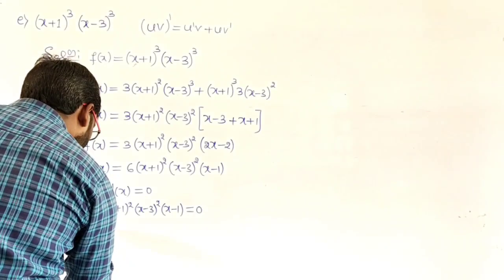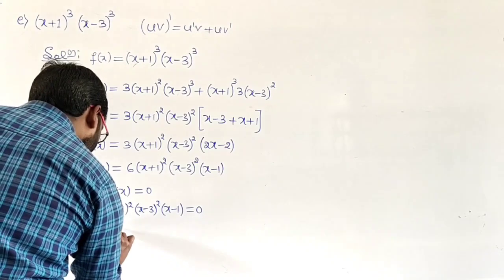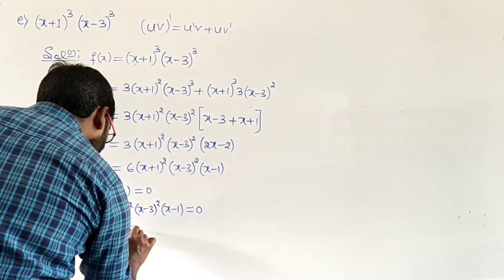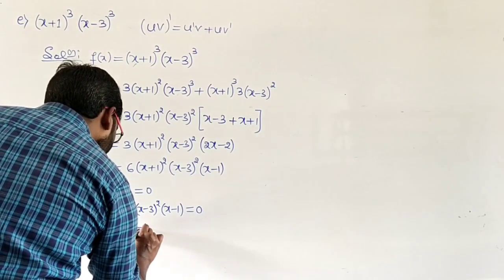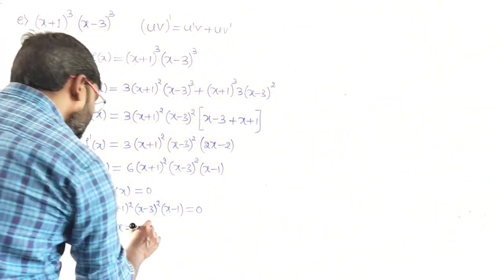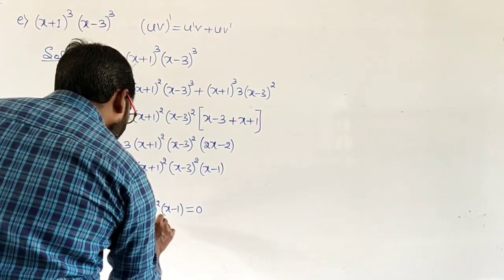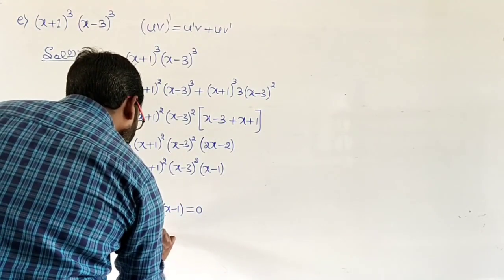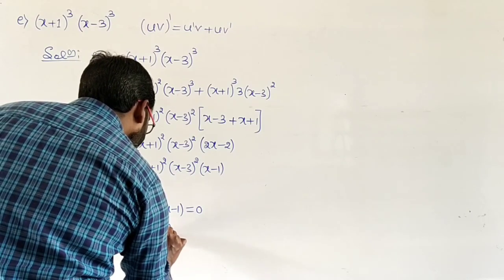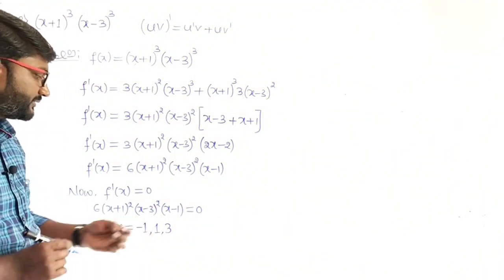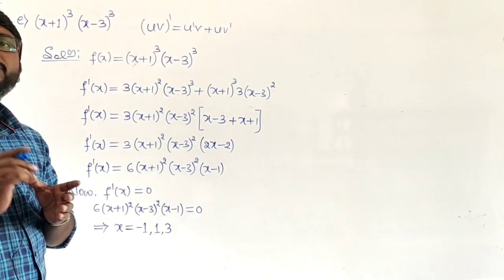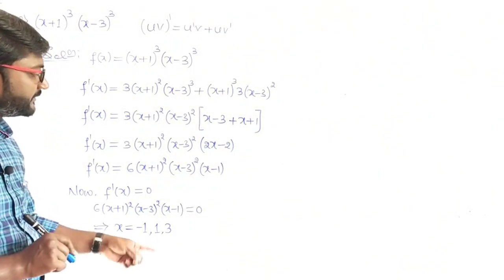So this implies x equal to minus 1, plus 1, plus 3. So these are the values of x. Here we have 3 points, that means one more than this will be the interval.